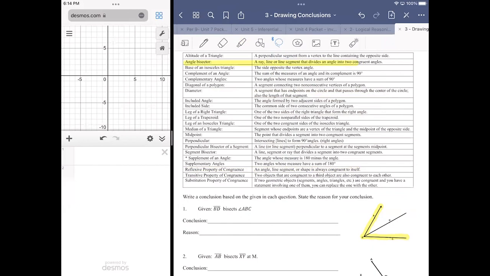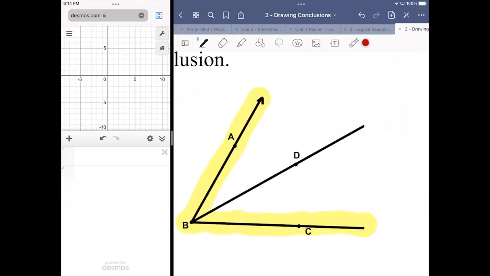So we may know of an angle bisector as being cut in half, but maybe that's not the appropriate way of writing it. So the conclusion here, if it's going to get split into two congruent angles, that tells me that this angle here would be the same as this angle here, based off of that angle bisector definition.